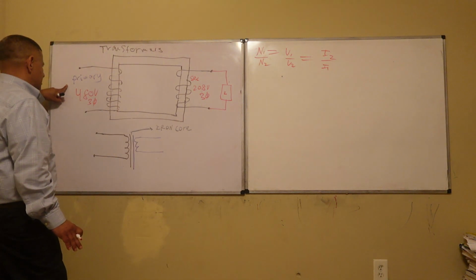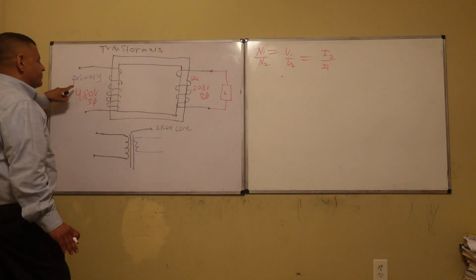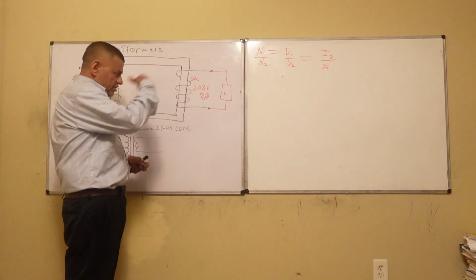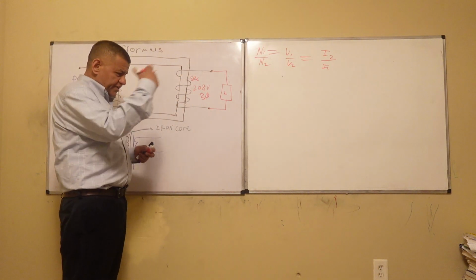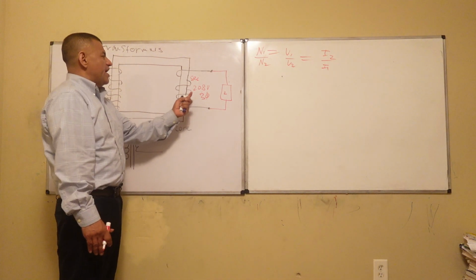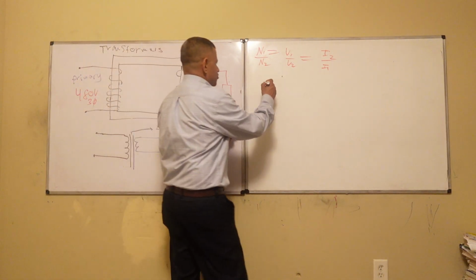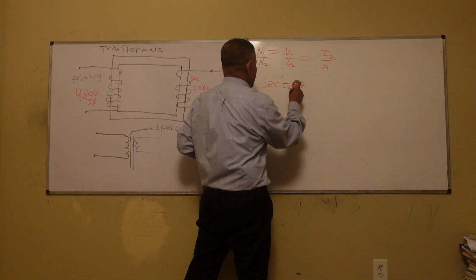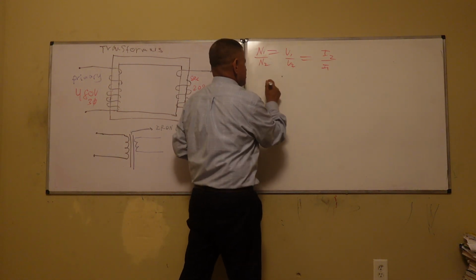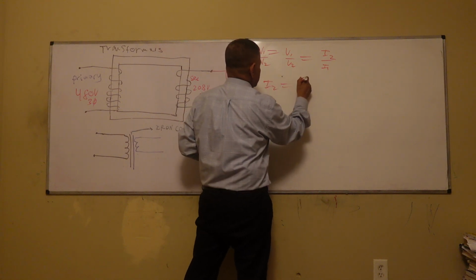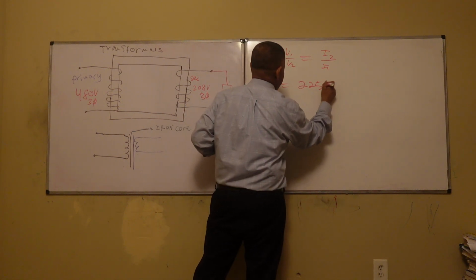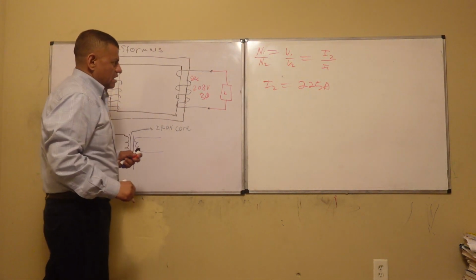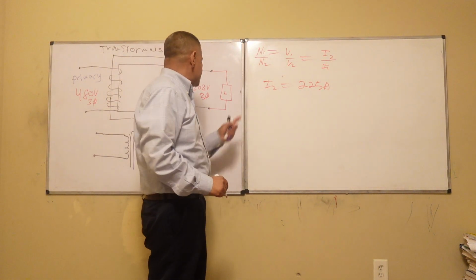The question is, what will be the current in the primary if you know that on the secondary side you add all the devices and find out that you need I2 equal to 225 amps, right? So the question is, what do you need in the primary?